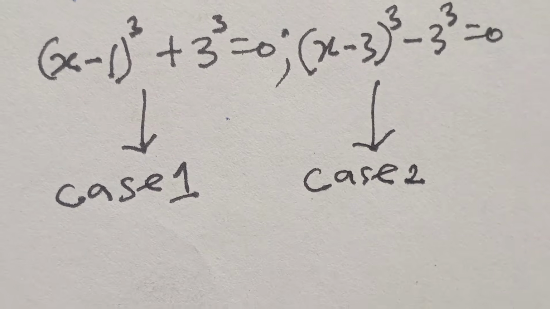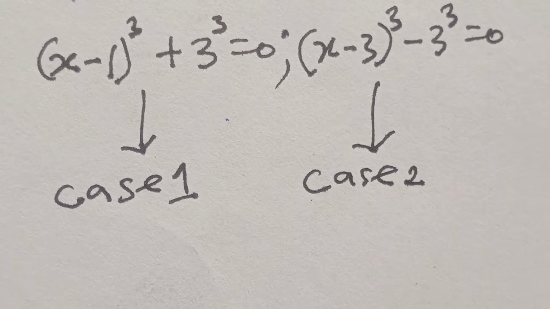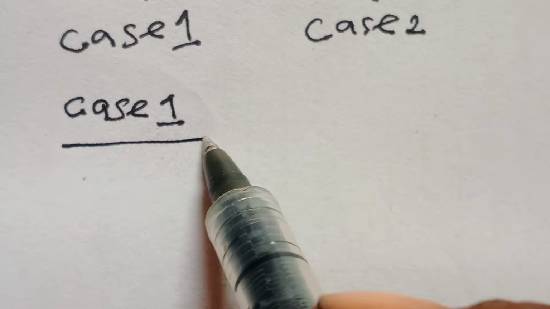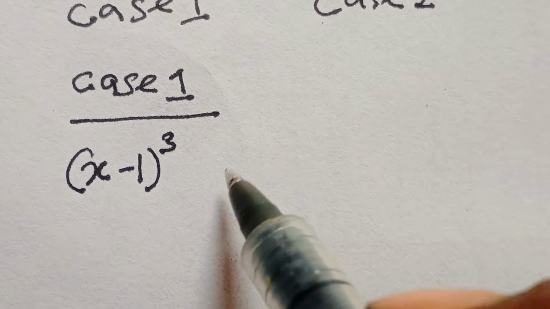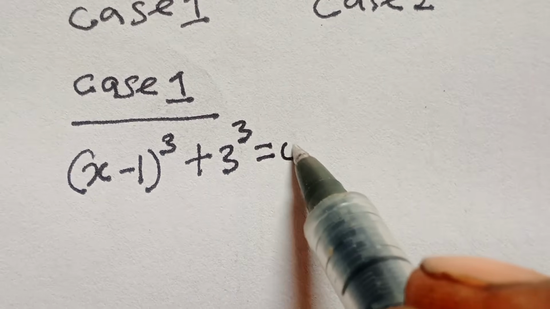Now let's take it one after the other. Let's take case 1 first: (x minus 1) raised to power 3 plus 3 raised to power 3 equal to 0.